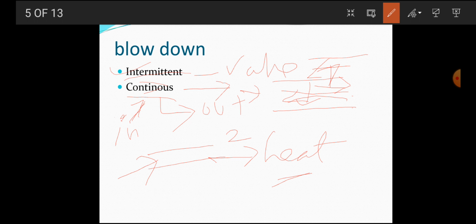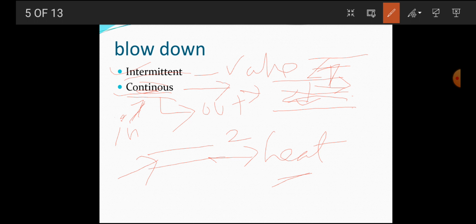So this type of blowdown is common in high pressure boilers. In intermittent, we are not extracting heat because it is not a continuous process. It is a manual batch process. We cannot control how we can extract the heat. So these are the two types of blowdown.